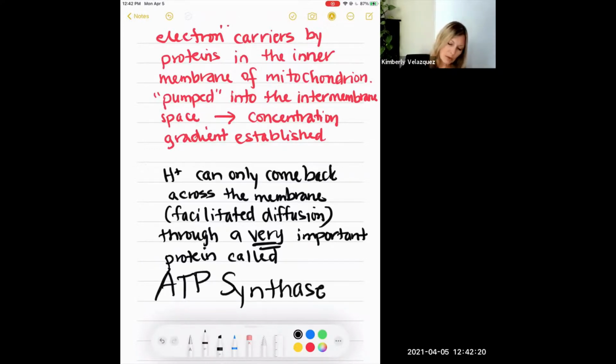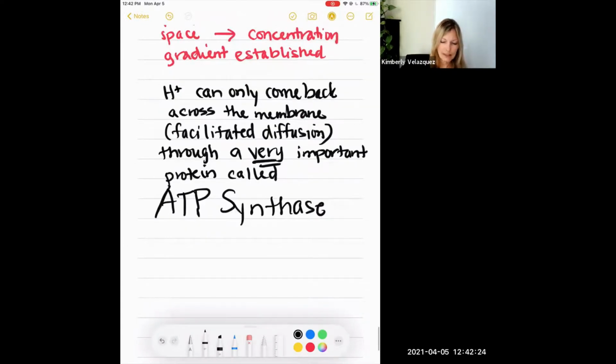Remember, enzymes are cool because the name tells you what they do, and they end in ASE. So this ASE tells us that it's an enzyme. It's going to synthesize ATP. When those hydrogens come back across through that enzyme, it's going to phosphorylate ADP to form ATP.